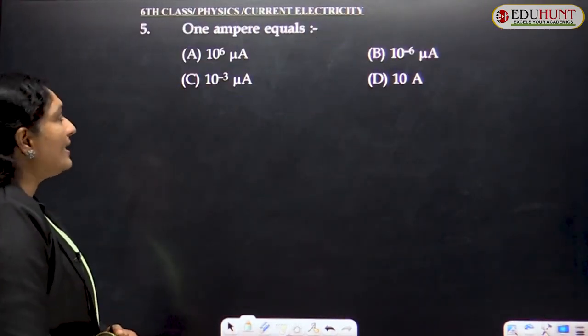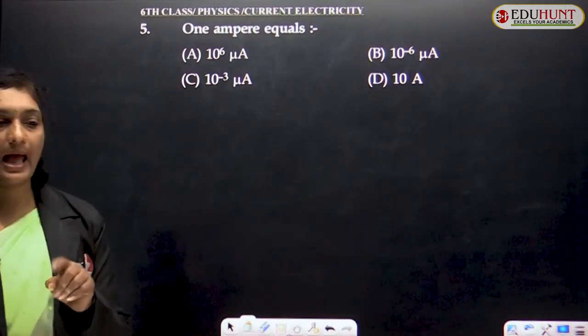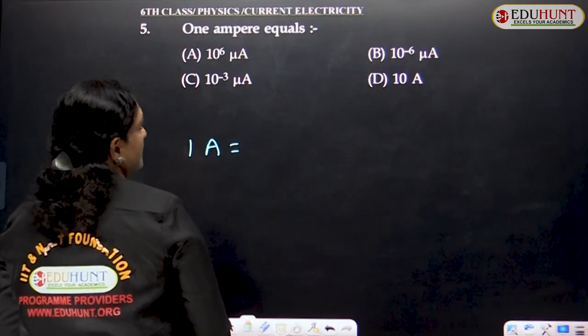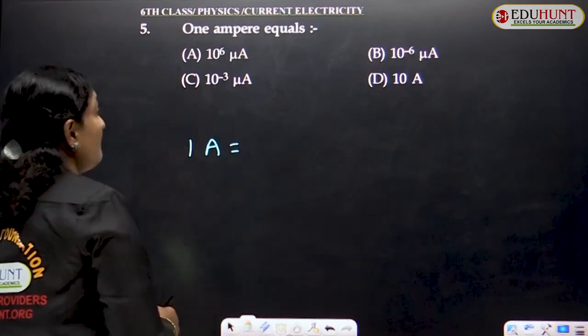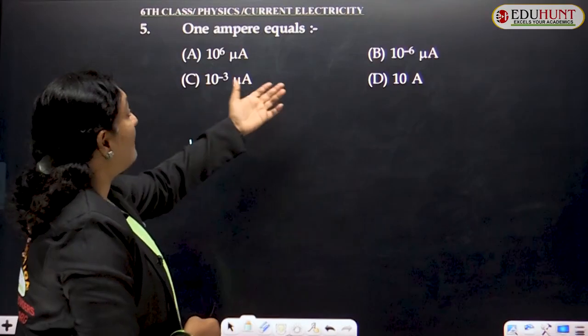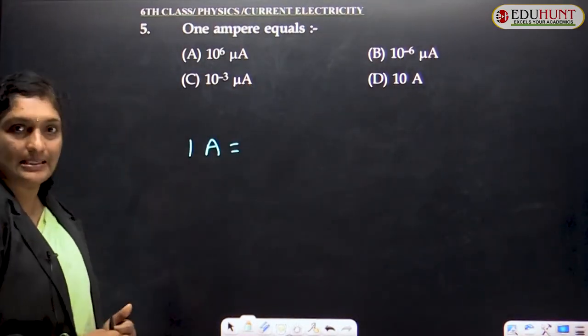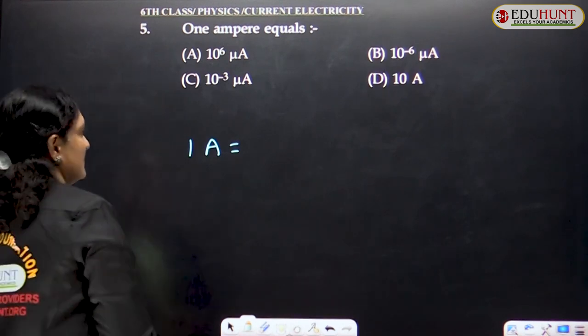Now the fifth one, 1 ampere is equal to how much, children? 1 ampere is equal to how many microamperes? You know, micro means 10 power minus 6.